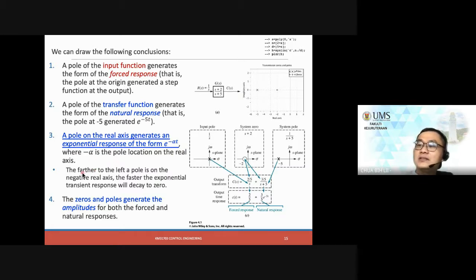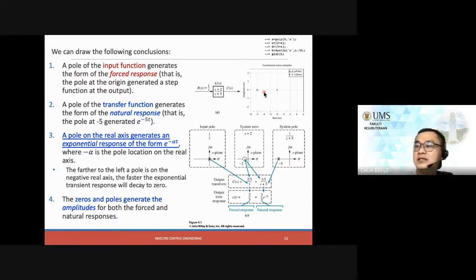And what happens is that the further to the left-hand side the pole is, because we always look at the negative side, the faster the response. Most of the time we would like our poles and zeros on the negative segment; later on, slowly you will know why we prefer that.